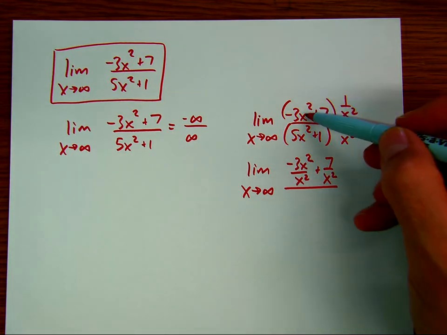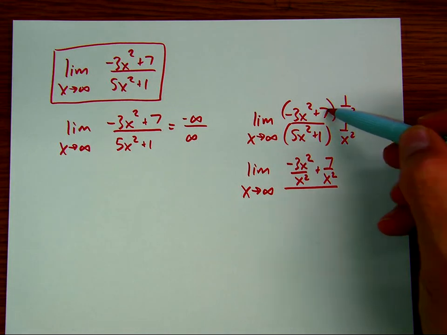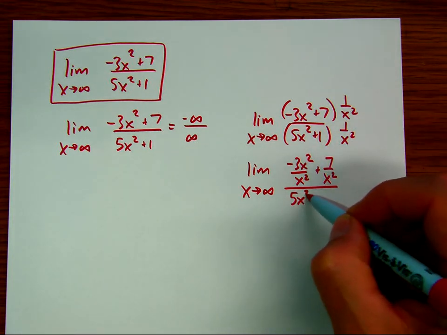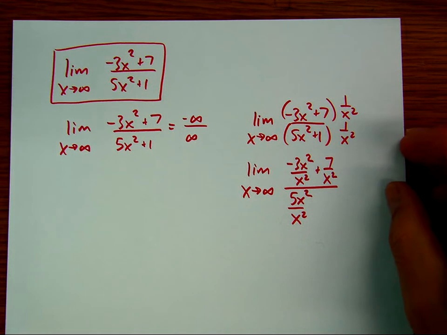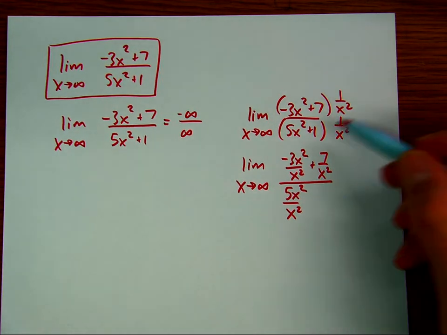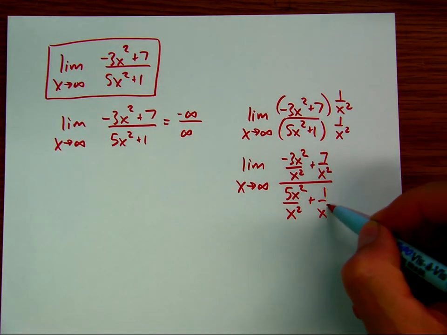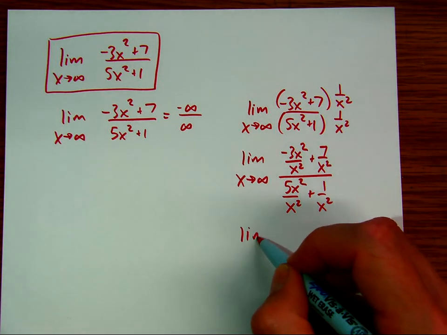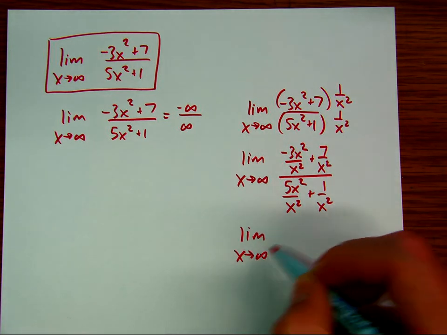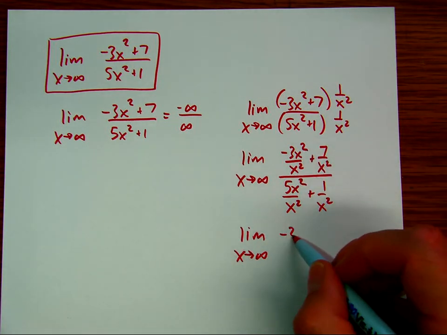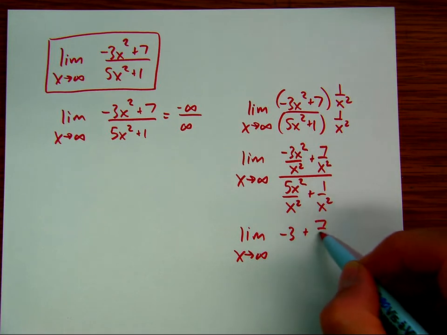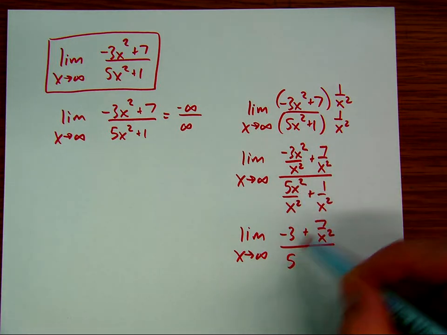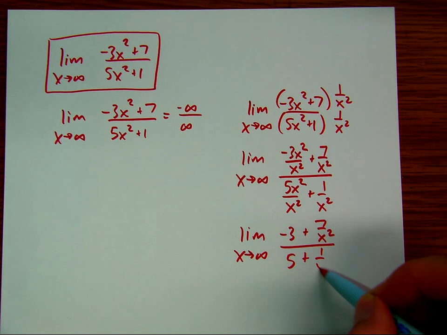I just copy this and put that under it, copy this and put that under it, copy this, copy the 1, put x squared under it. Then we can reduce. So cancel, and we get negative 3. Nothing to cancel there. Cancel, and we get a 5. Nothing to cancel there.